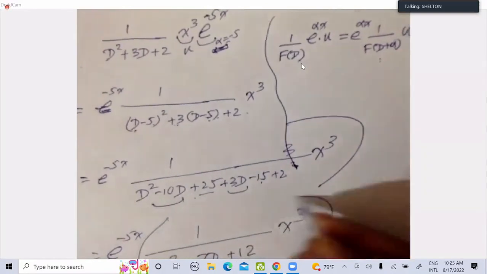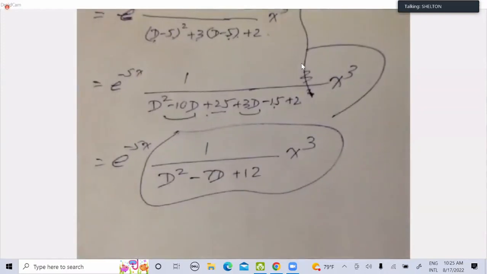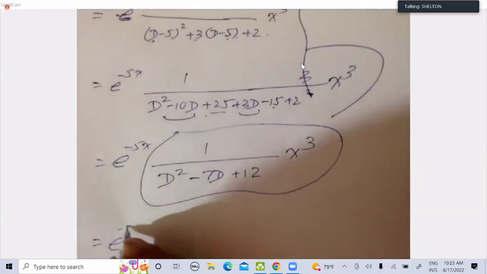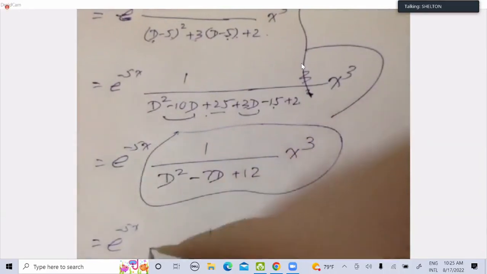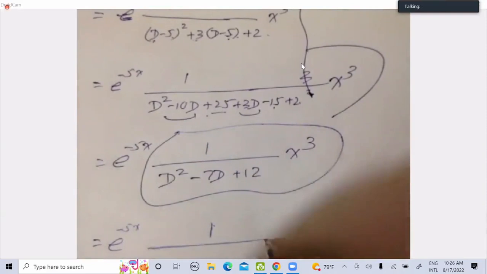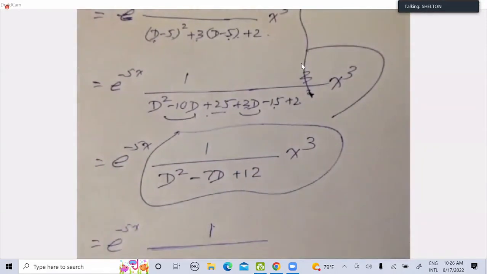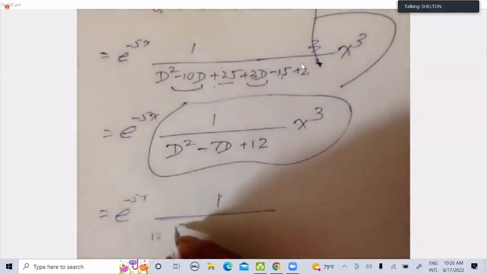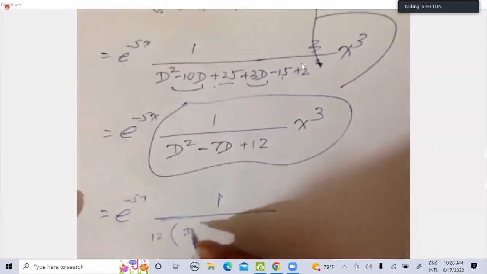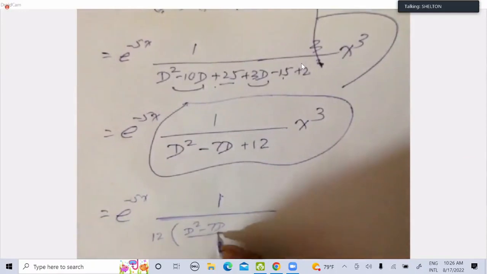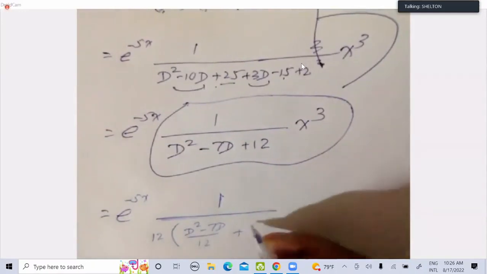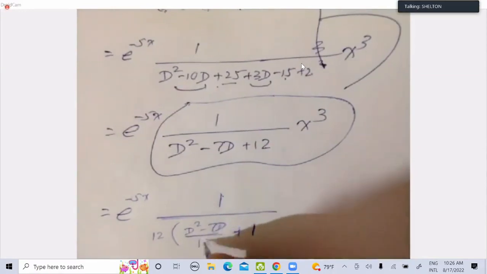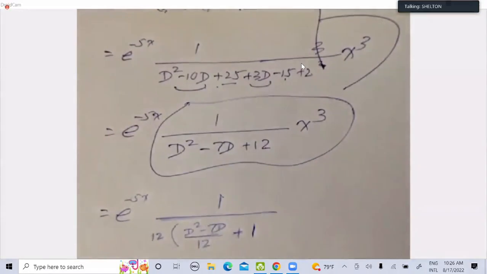Then we make a series. How do we do that? We write this as e to the minus 5x times 1 over, and I have to make it look like 1 minus x. 12 is there, so factor 12 out: d squared minus 7d over 12.